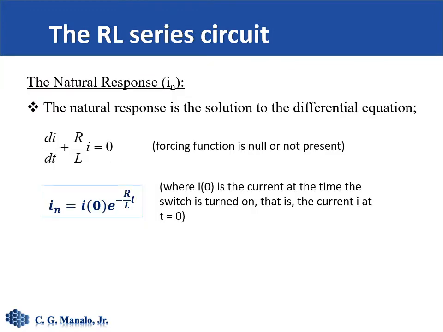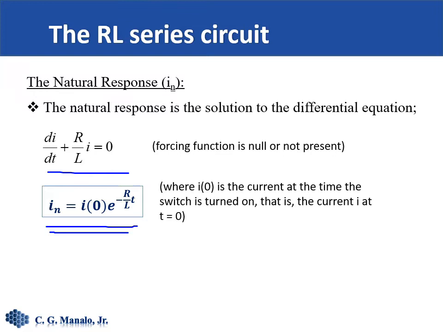So the natural response is the response without an external source. So we get rid of the external source that will give us this differential equation. Solving for this differential equation will give us this solution. I won't show the detailed solution, we'll just state here the solution.